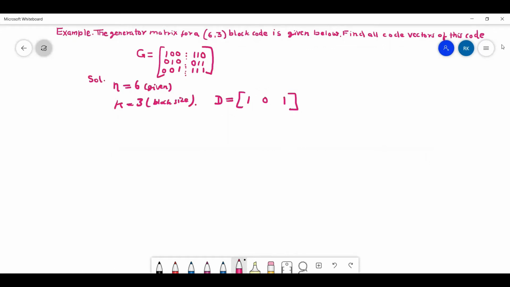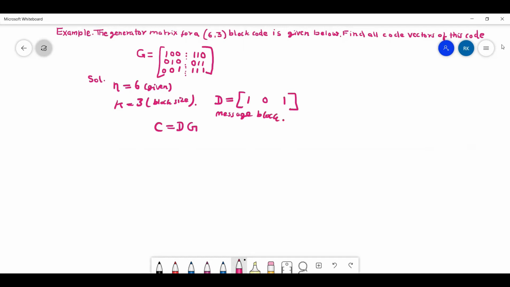Okay, so if we have the message block with us, we can generate the required code vector directly from the formula c equal to dg. This is the message block we need to remember.